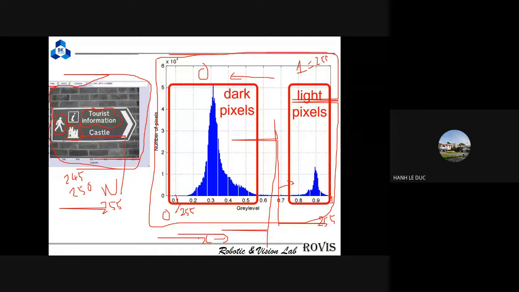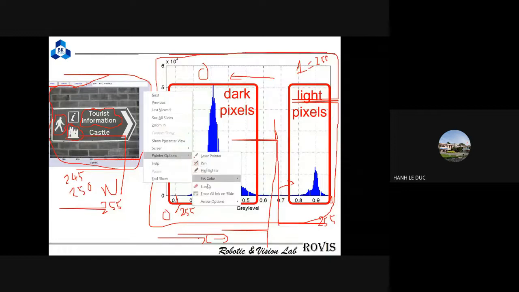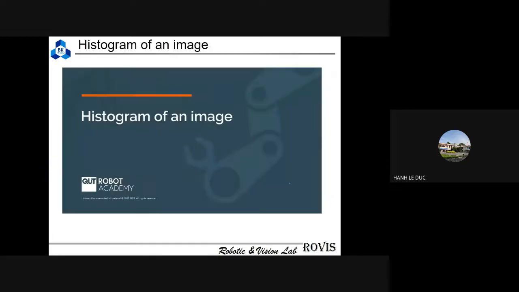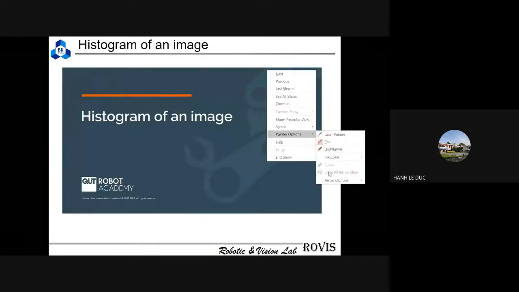So this is the amount of pixel, the number of pixel here. Okay, let's have a look at the example. Here, this is the histogram of the image here.